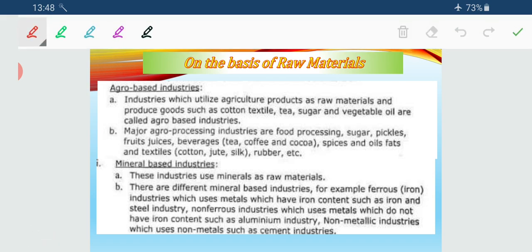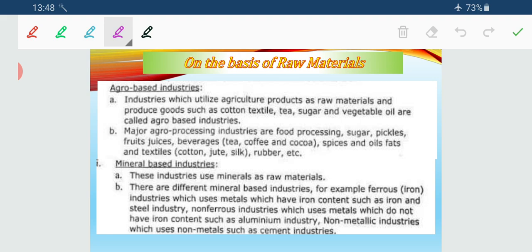raw materials. So on the basis of raw materials, we are having many types of industry, but as per your syllabus there are only two. Number 1 is agro based industry and number 2 is mineral based industry. So if we do the features in a differentiating manner, I think it will be much easier to get the features.